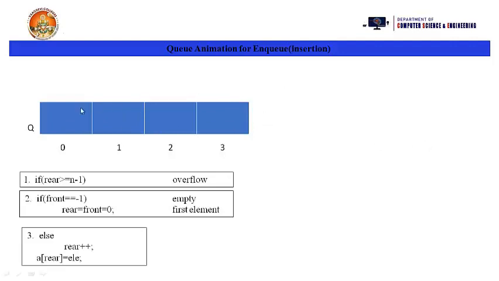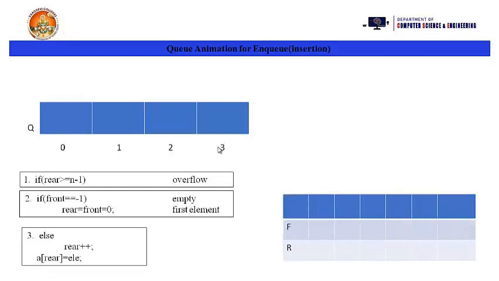We are implementing the queue using an array, the array index starts from 0, the size of the queue is 4, and the last index is n minus 1, that is 3. This is the table to update the front and rear positions while entering elements into the queue. Initially assume that the queue is empty. When the queue is empty, front and rear values are -1.